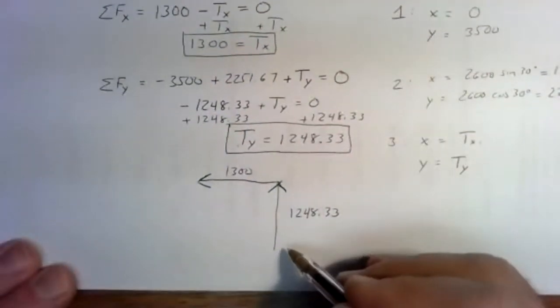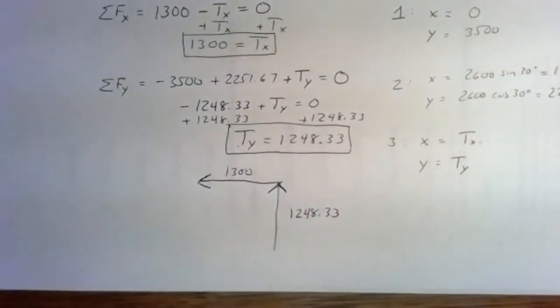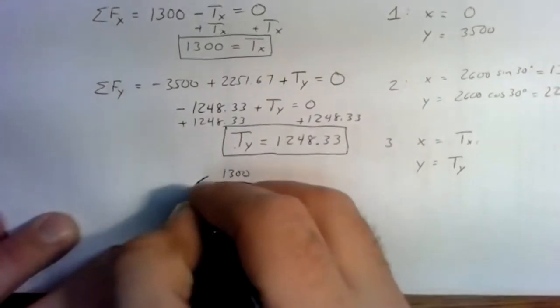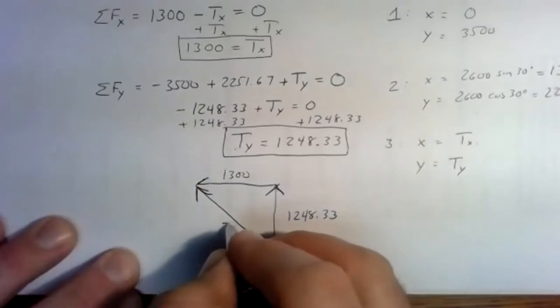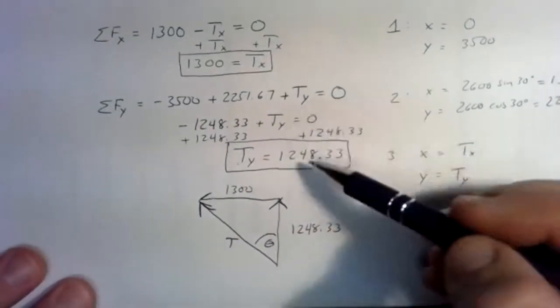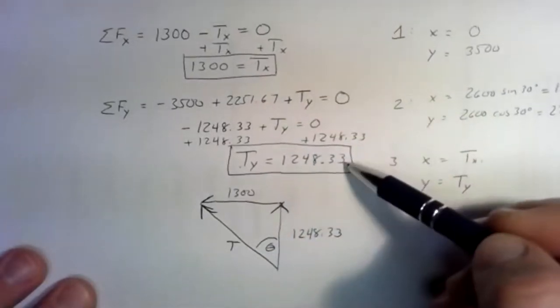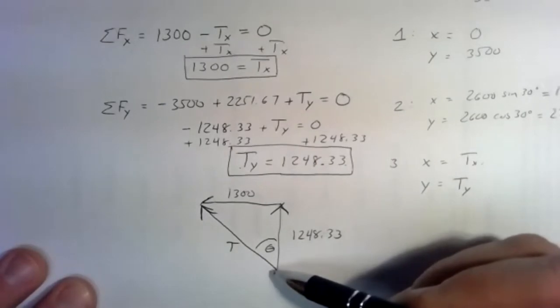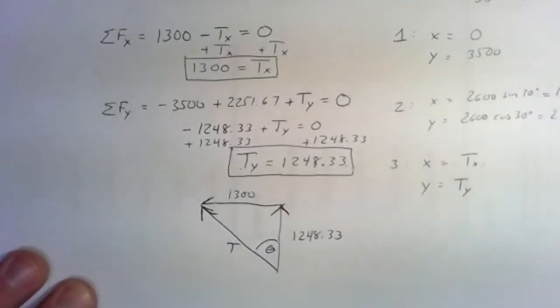So that's what I've got set up down here. Now my resultant is right there. That's going to be T with my angle. So we've done all the math really to get us our values. Now we're just cleaning it up. We're taking that last step we need to get the answer that the problem is asking for.